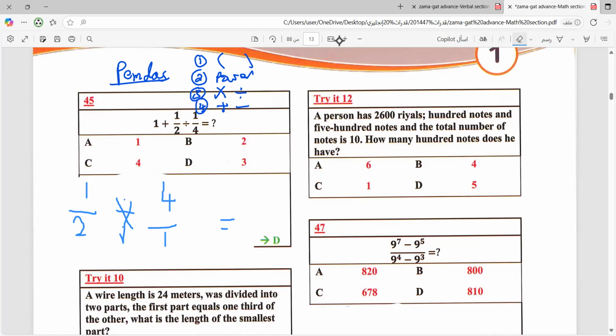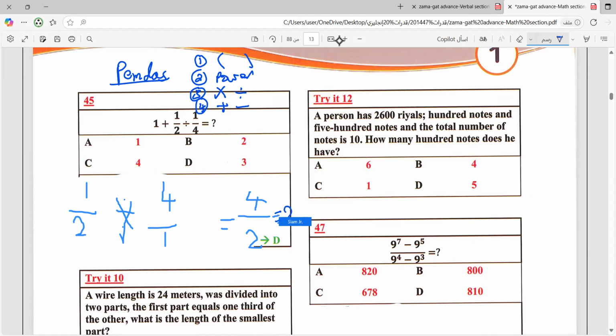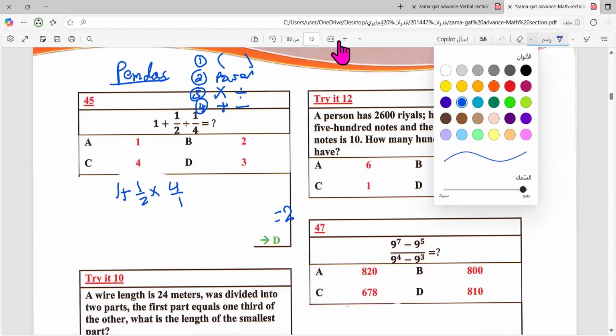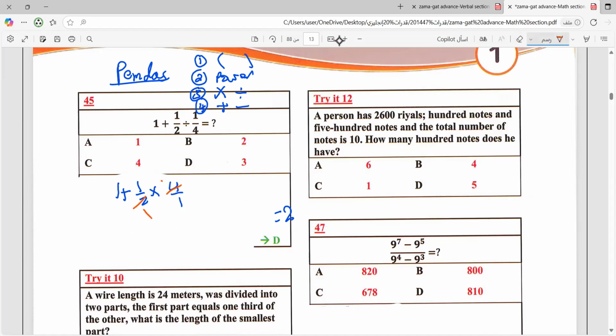And then just multiply. 4/2 equals what? 2. Sorry, 2. Okay, where is your mind? Yes, think. And then 1 plus half times 4/1. We can simplify 2 with 4 is 2. Then 1 times 2 is 2. 1 times 1 is 1. So 1 plus 2 equals 3. So the answer is 3.